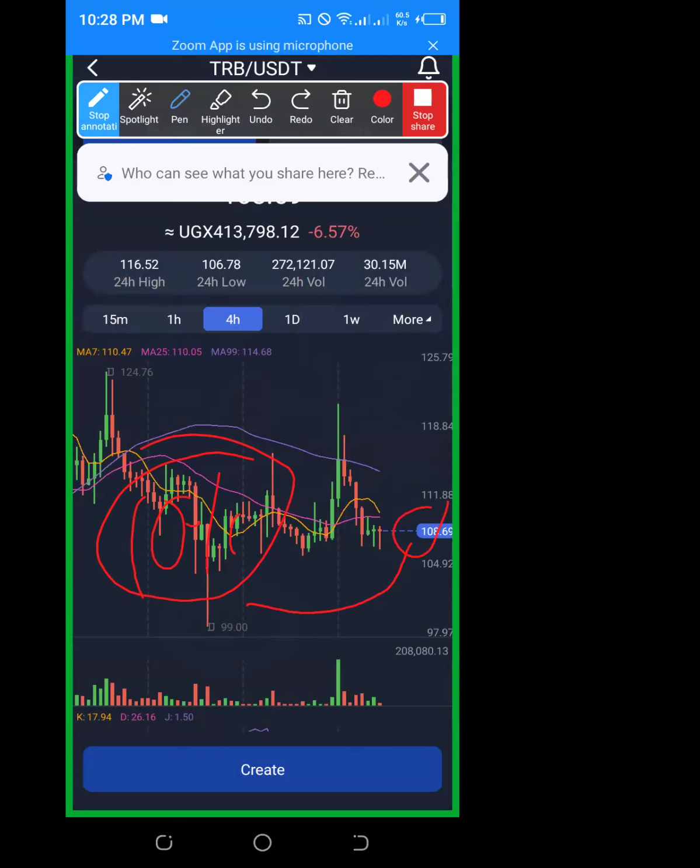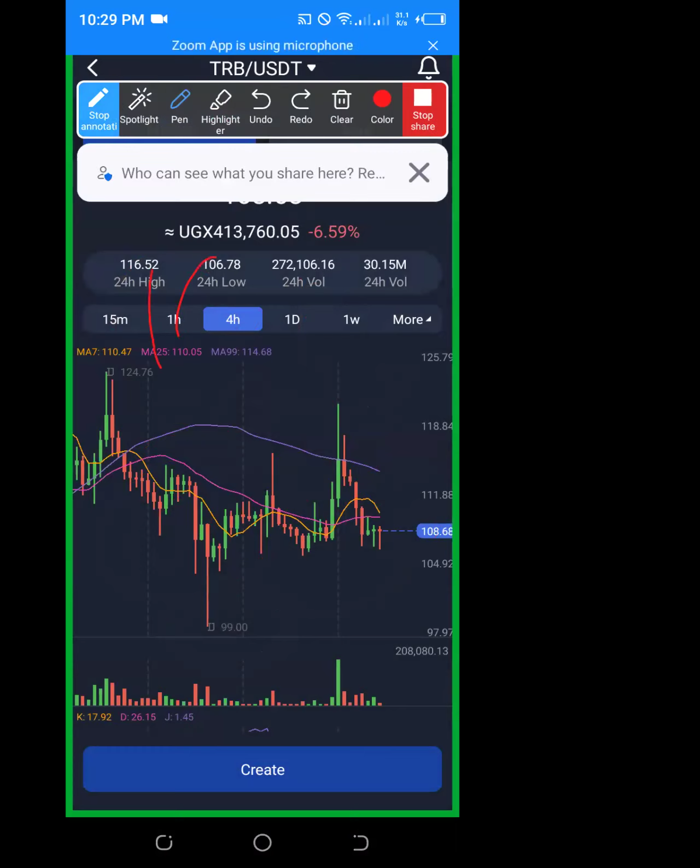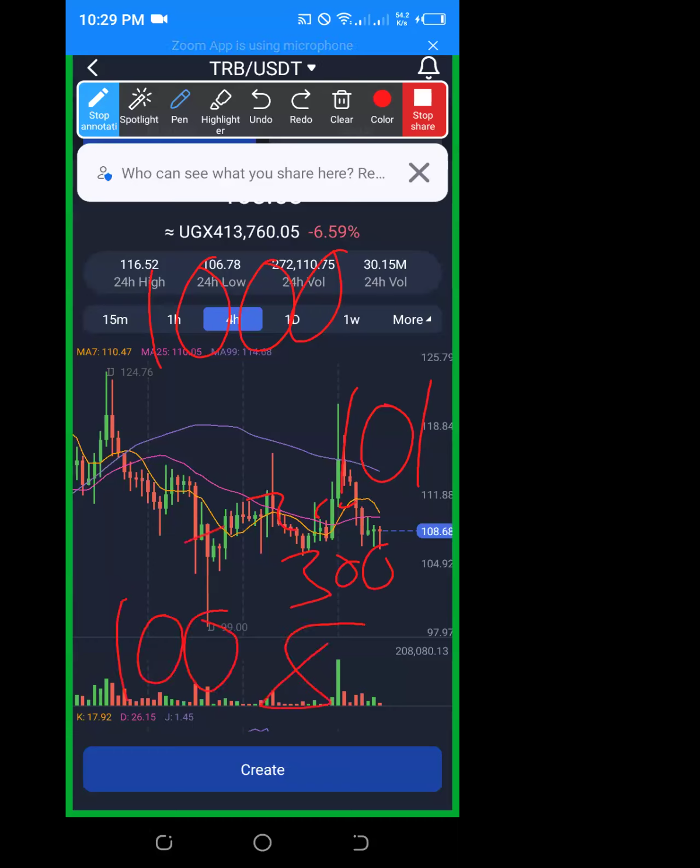But there are some people with a good capital. If you have a capital of $1,000, this drop of 10% is too small for you. It's for people with $200 or $300, they can use a drop of 10%. Even $100, you can use a drop of 80% or 70% because you have very small capital.